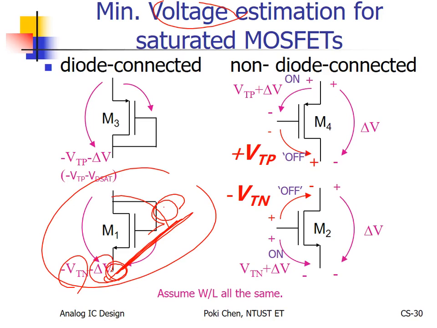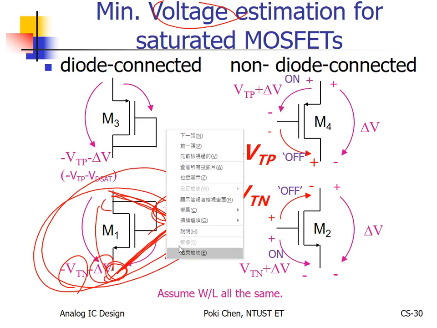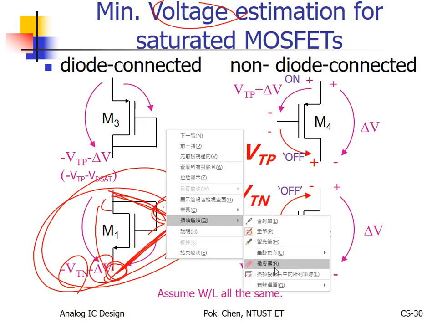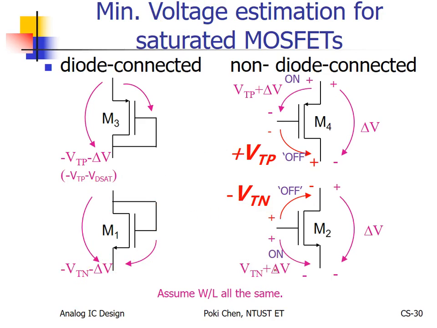This is very important. And how about drain to source? The same, because gate and drain are connected together. And how about PMOS? The same, but flipped. From here to there, 1 VTP and 1 delta V lower.